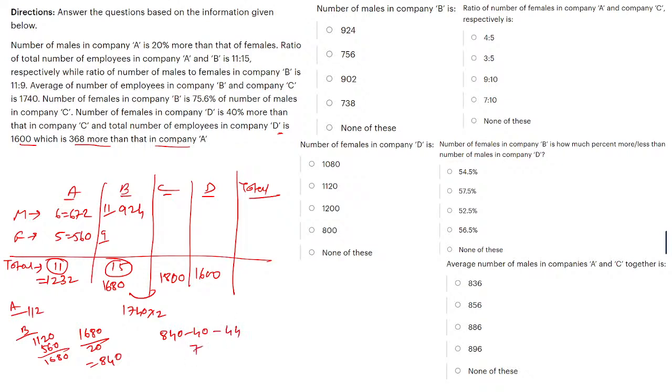So this is 756, right? Okay. Now in C and D part, we have to move further.